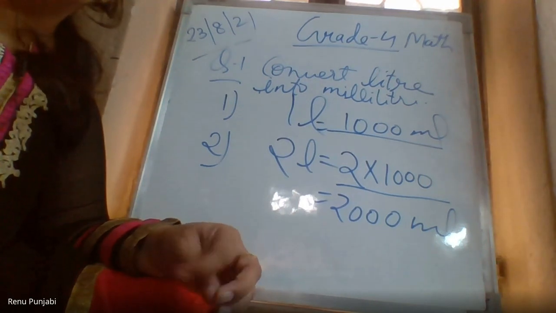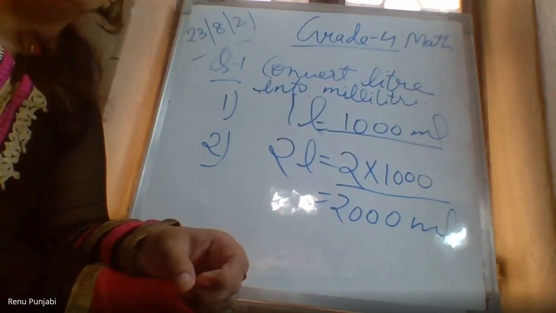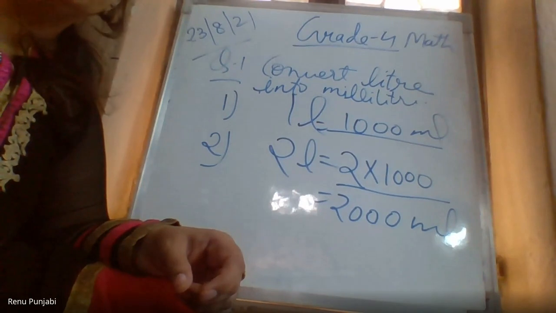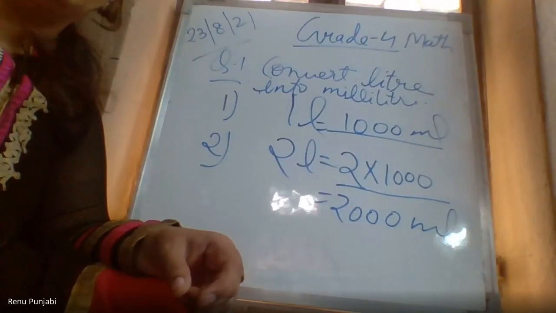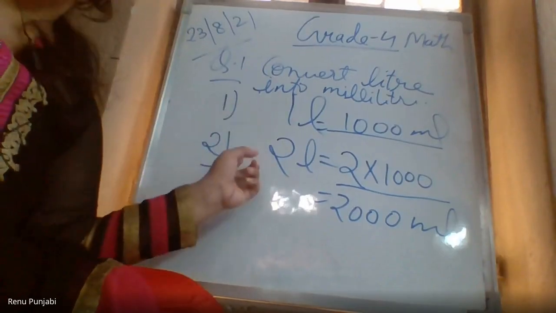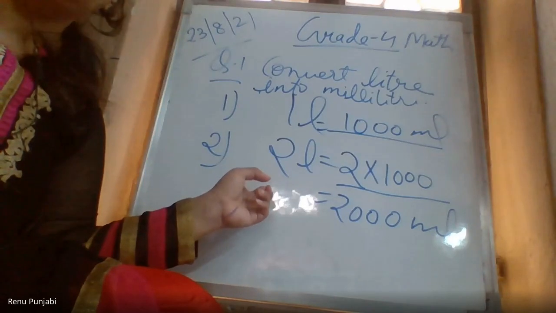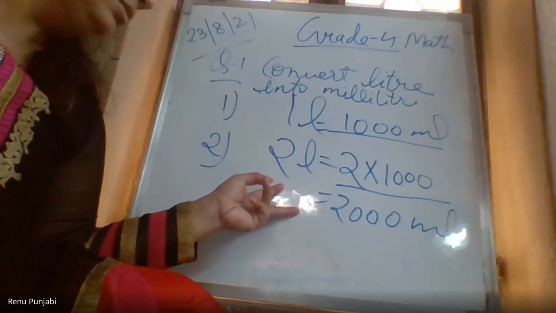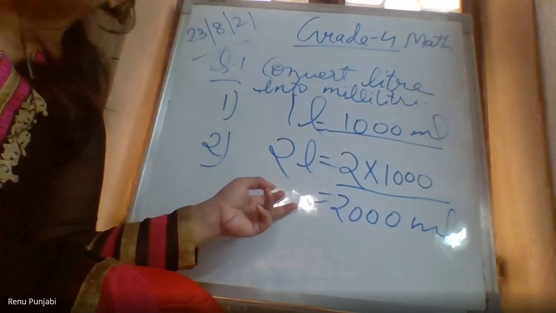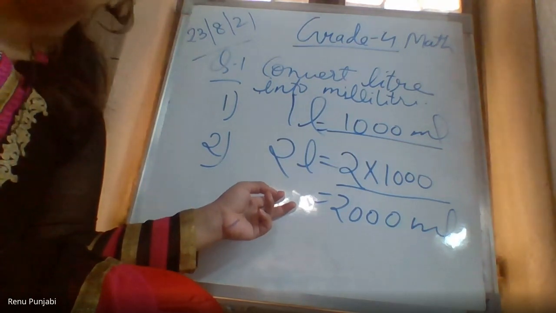Now if I ask Pritika, 9 liter equals how many milliliters? 9,000. Very good. Make one question based on this concept, and raise your virtual hand and give me the answers.